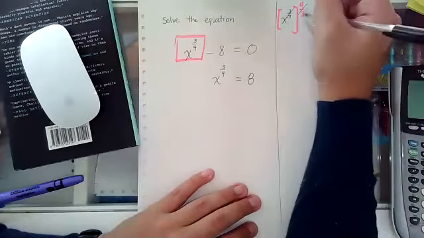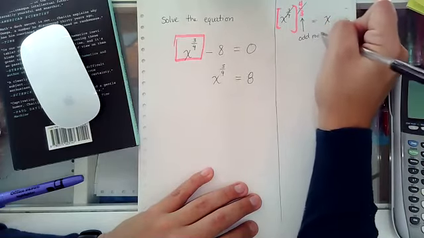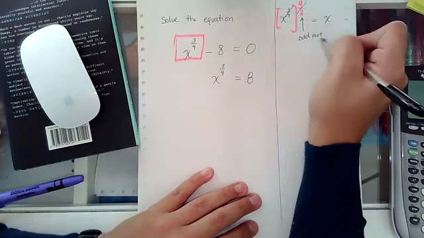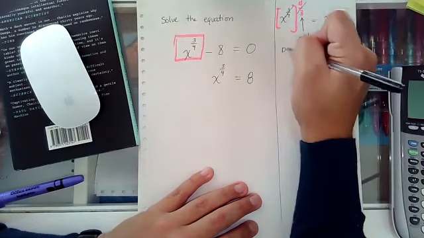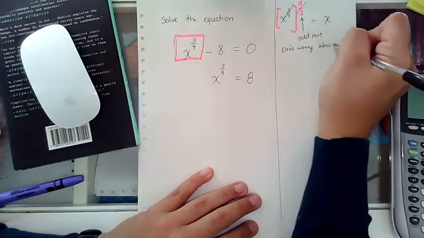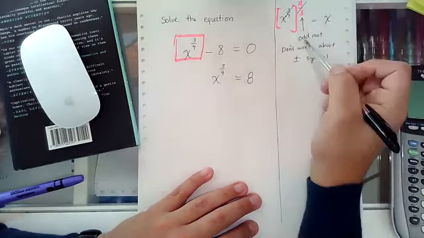And what I could say is, this is an odd root, that bottom number that I'm applying is an odd root, so I don't have to worry about the plus or minus symbol because it's an odd root.